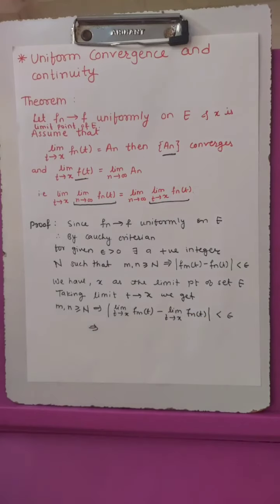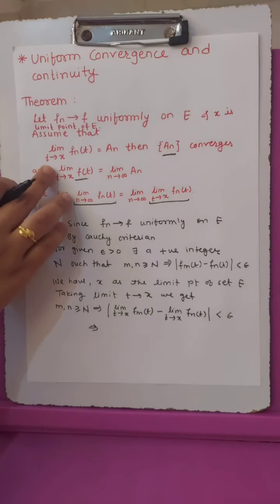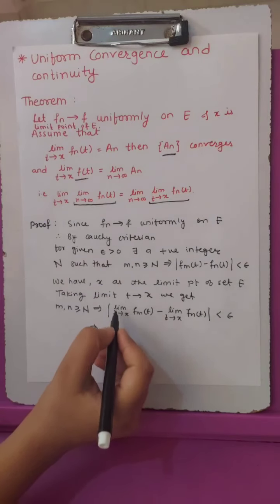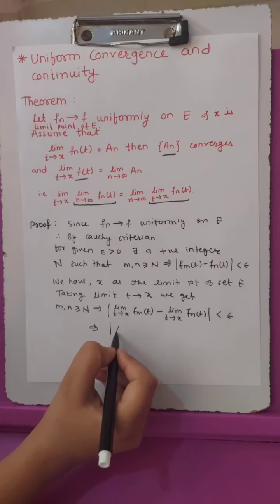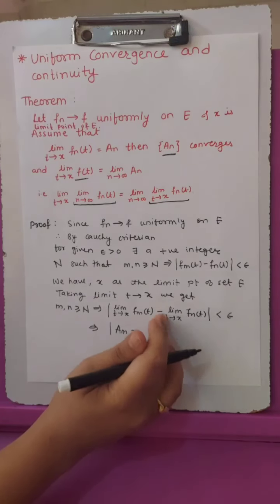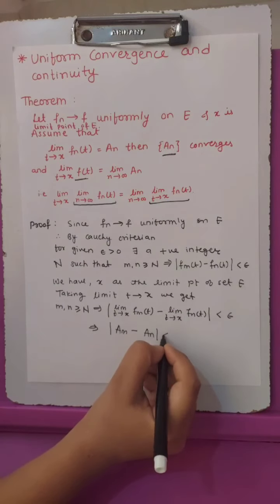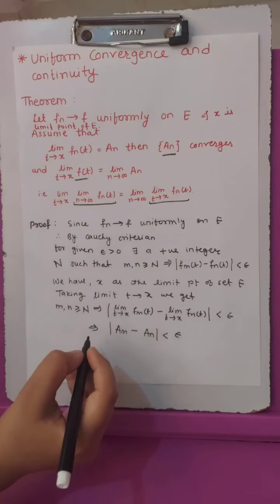As it is given that limit t tends to X of Fn of t is equal to An, here limit t tends to X of Fm of t will be Am minus limit t tends to X of Fn of t will be An, which will be less than epsilon.